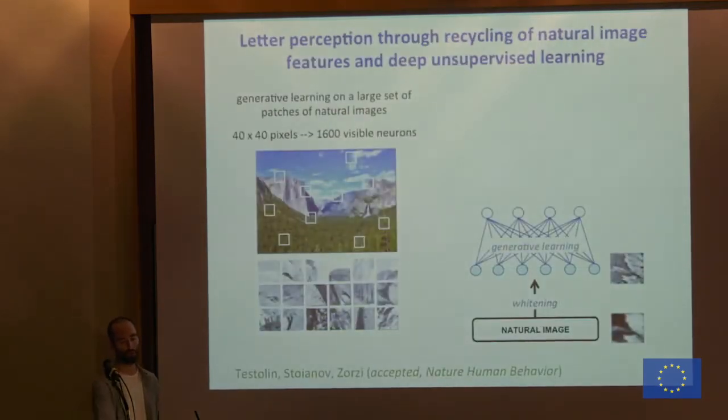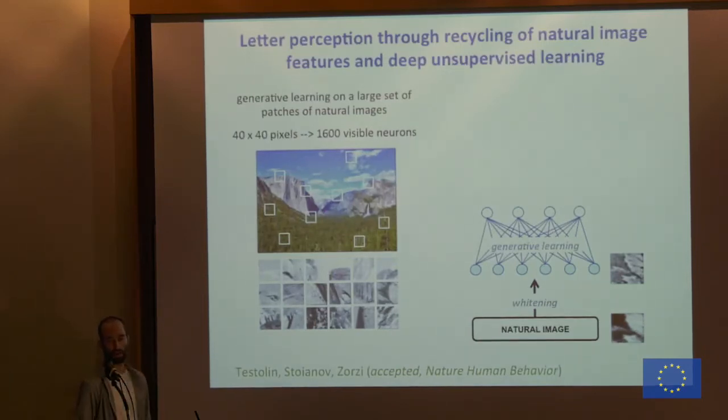Rather, I want to show you an application to cognitive modeling that I've been working on, which is related to the transfer learning question that Michele was asking. So we have been exploring this simple architecture. There was one restricted Boltzmann machine trained in an unsupervised way, so generative learning, on a big set of natural image patches.